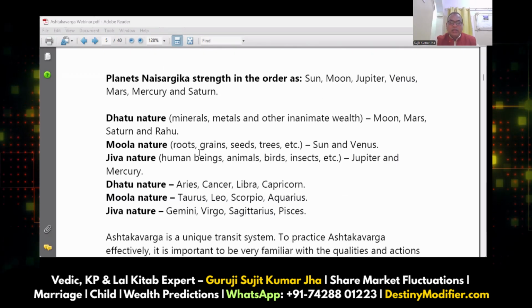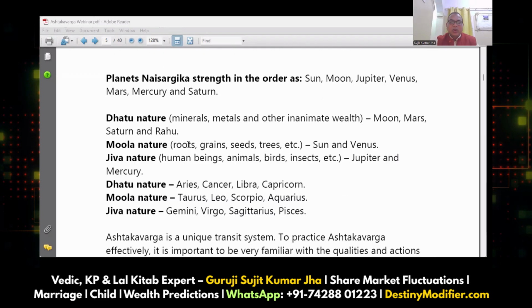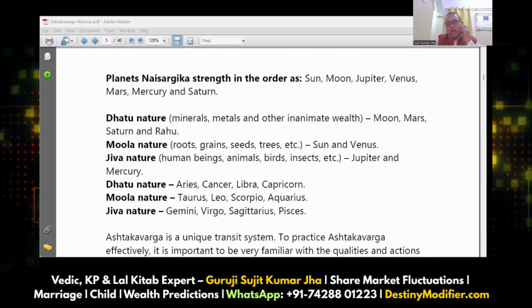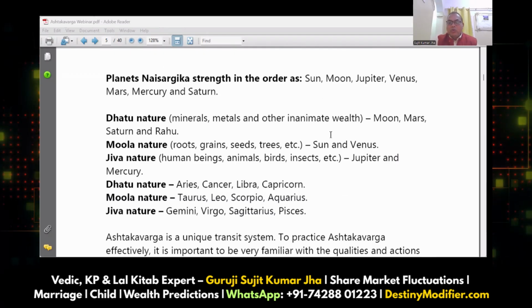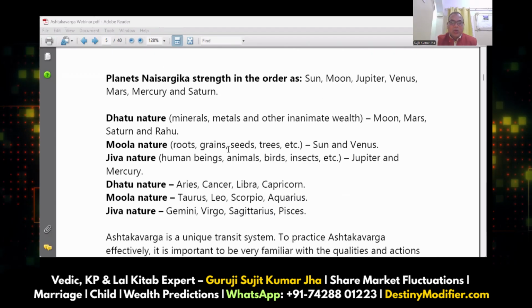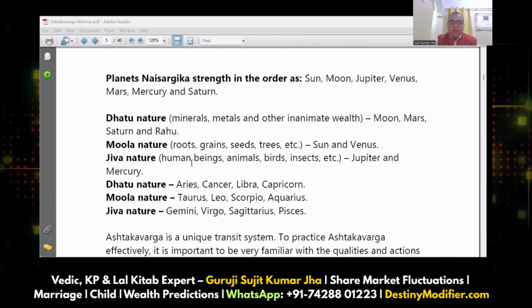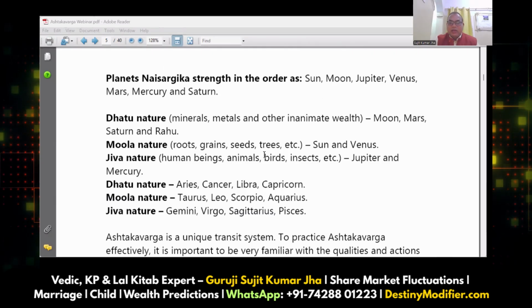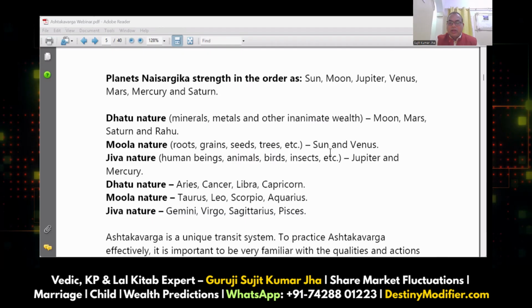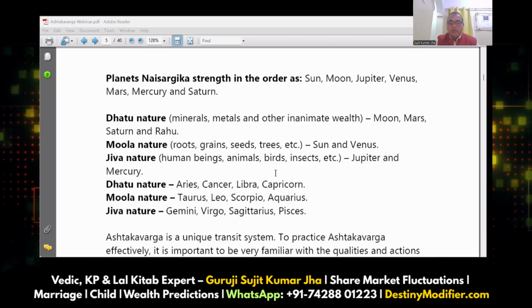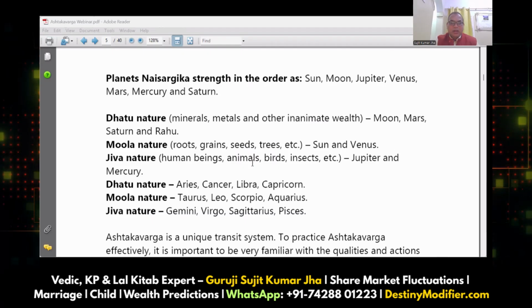If the point is highest, then in that direction we will keep. Dhatu nature, meaning mineral and metals, is given by the Moon, Mars, Saturn, and Rahu. Mula nature, meaning root, grain, seed, tree, is represented by Sun and Venus. And Jiva nature by Jupiter and Mercury.